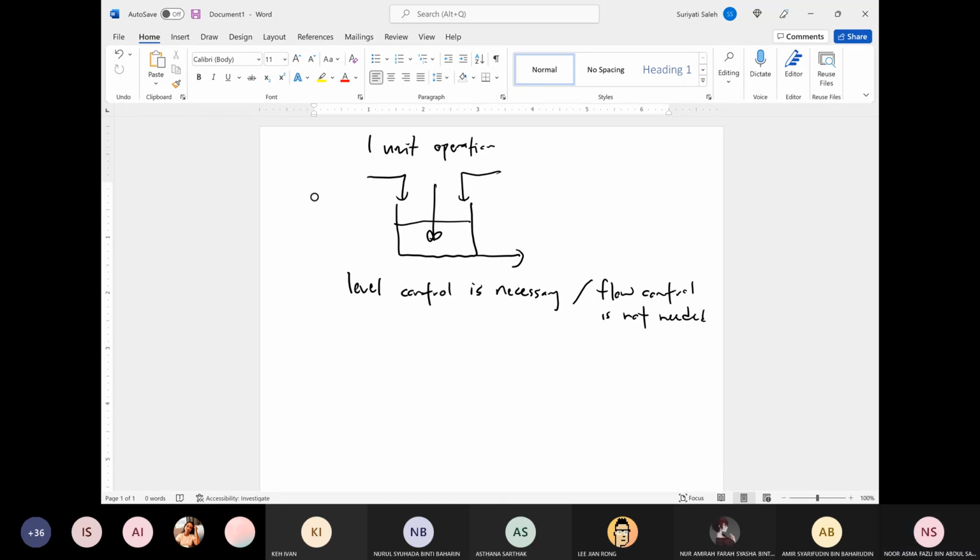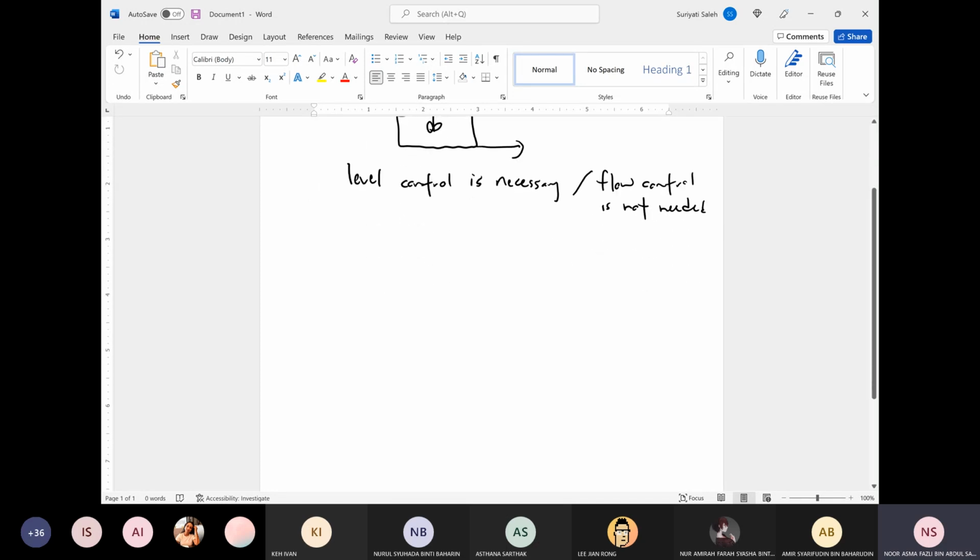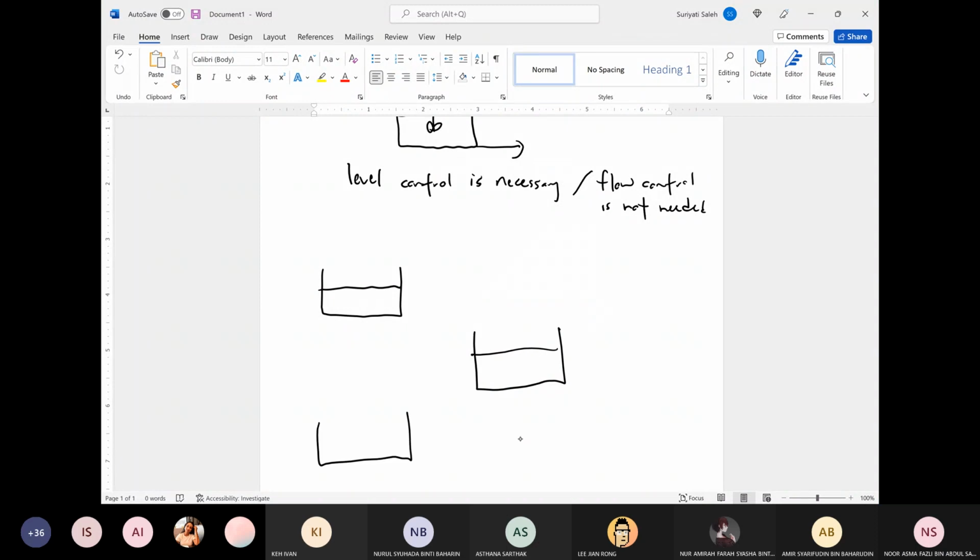All right. So when must flow control be used? If we look at the process flow diagram, normally it will involve multiple unit operations. You have like this, you have like this. Okay, this is just for illustration. All right.